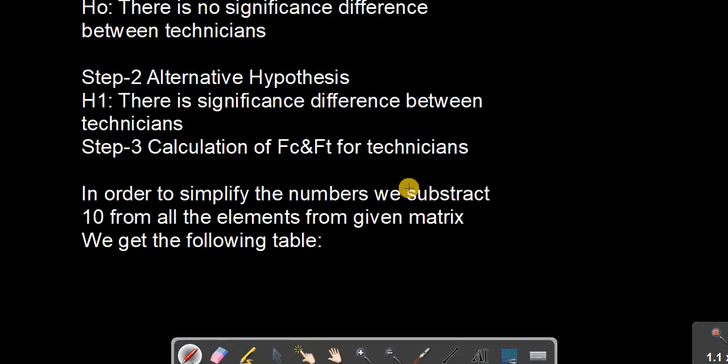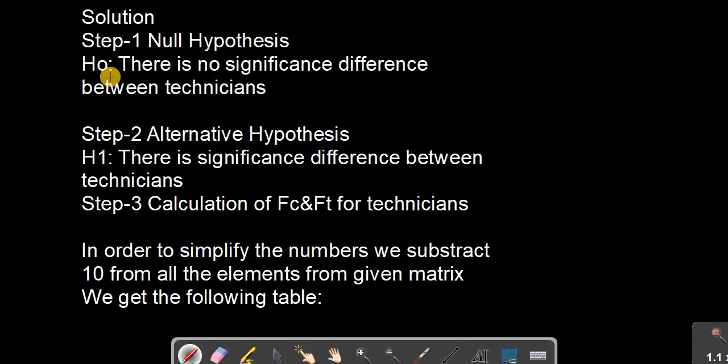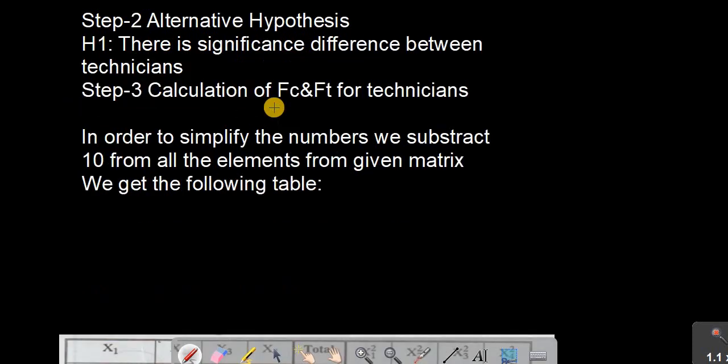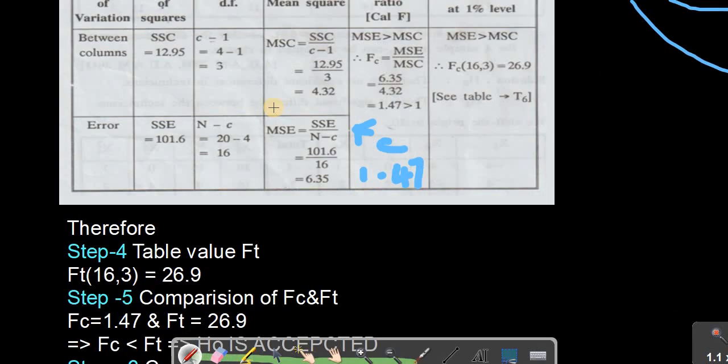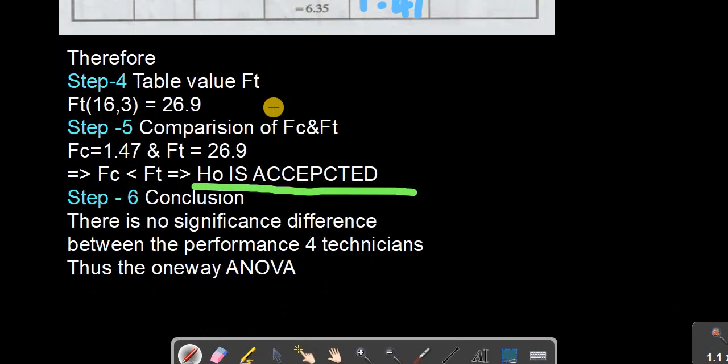Conclusion: H naught is accepted. That means there is no significant difference between the technicians. That means all technicians are working equally. They show homogeneous behavior. So there is no significant difference between the performance of the 4 technicians. Okay, so there is homogeneity.